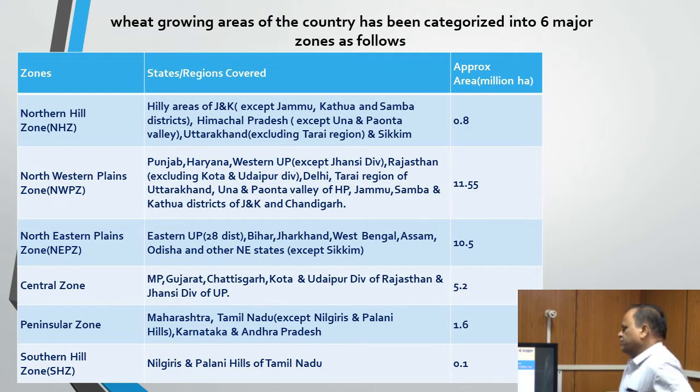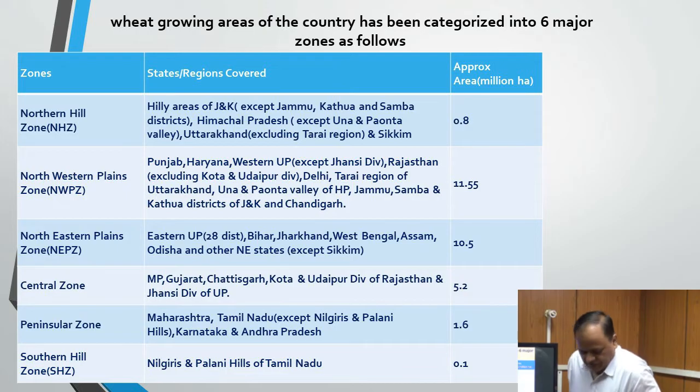Then the second most important zone, apart from the northwestern plain zone, is the northeastern plain zone. It contributes 28 districts of Uttar Pradesh, most of them concentrated in eastern Uttar Pradesh, Bihar, Jharkhand, West Bengal, Assam and Orissa, and other northeast states except Sikkim.